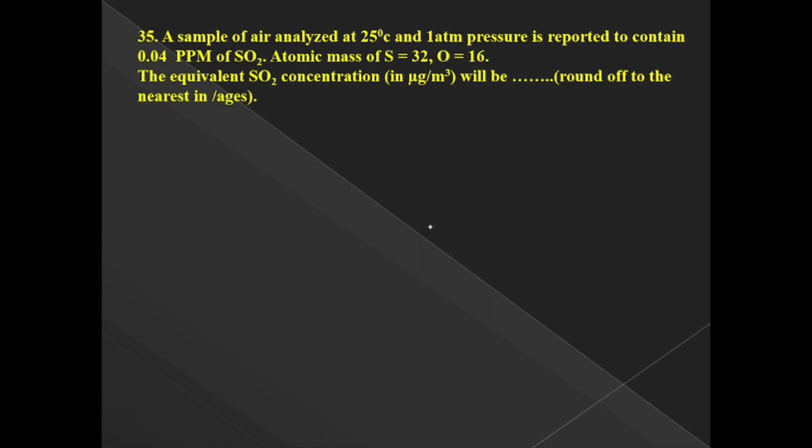Now the last question of this video lecture: a sample of the air is analyzed at 25 degrees centigrade and 1 atmospheric pressure and is reported to contain 0.4 ppm concentration of sulfur dioxide.